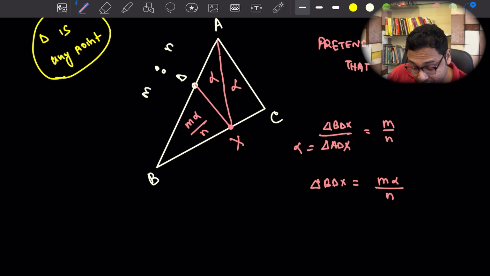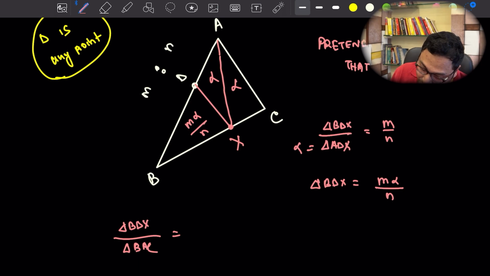So we will use the same strategy as before. Triangle BDX divided by triangle BAC is BD times BX divided by BA times BC.